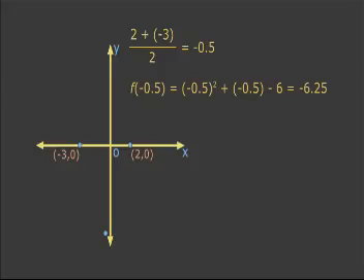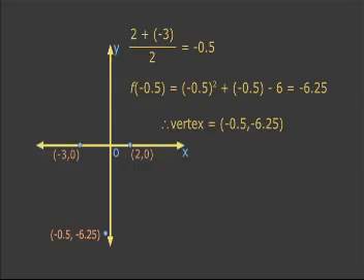If we take x to be −0.5, then y equals −6.25. Therefore, the vertex is at (−0.5, −6.25).